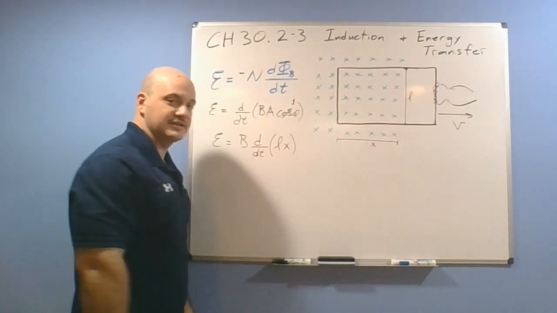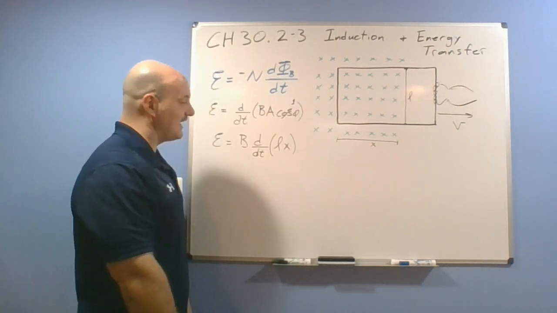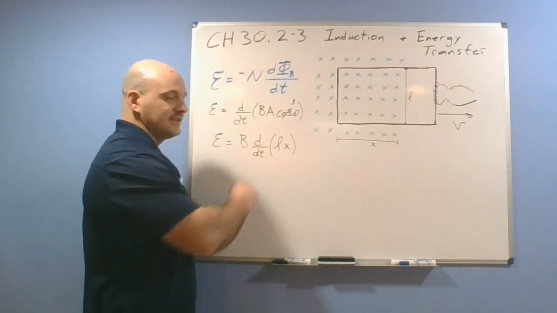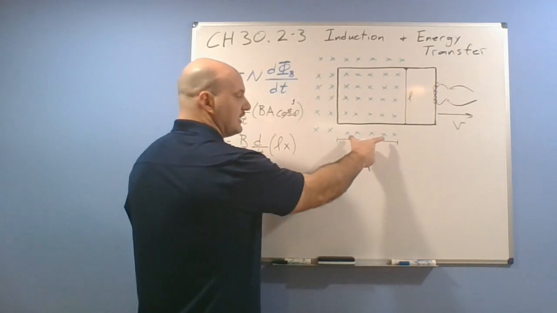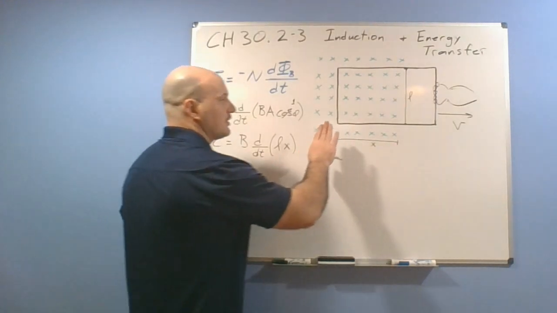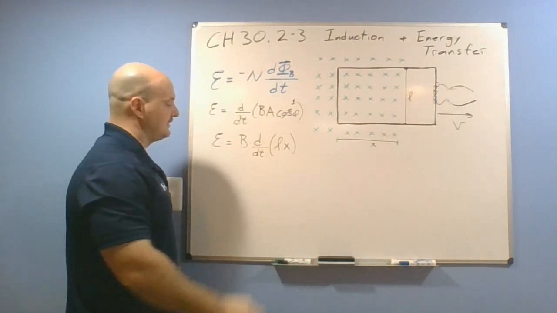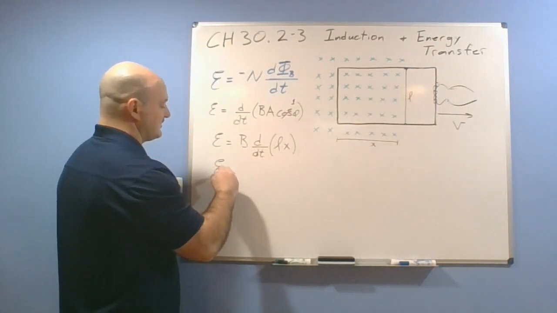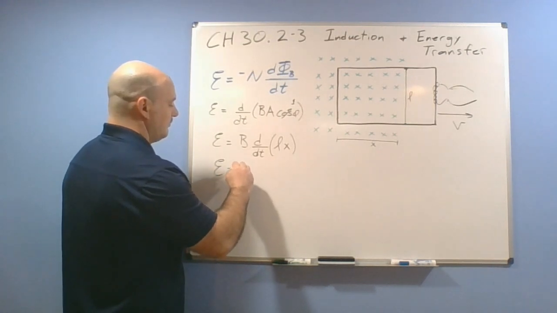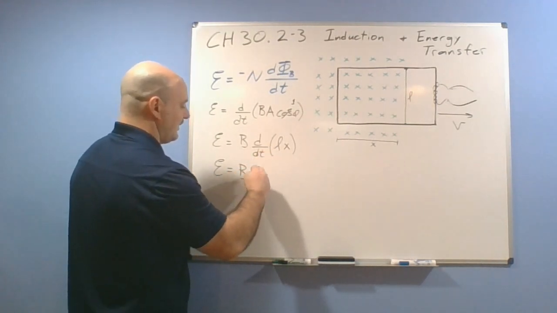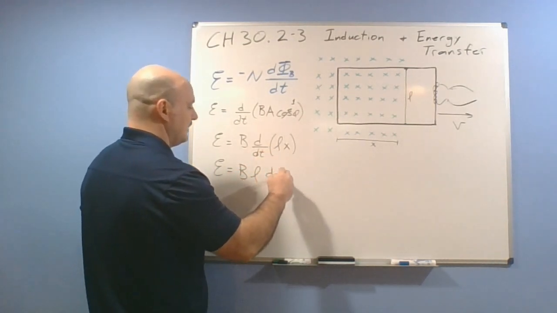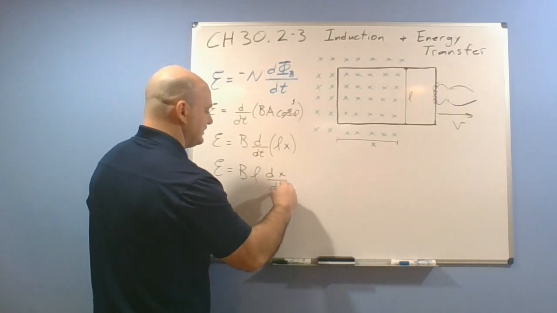L times X. All right, now in this case, even the length is not changing, right? The thing that's changing is the X dimension. Since our loop is moving out of the field, it's the X dimension that's changing. So we're going to write this as the EMF is equal to B, pull the L out, it's constant, times dx/dt.